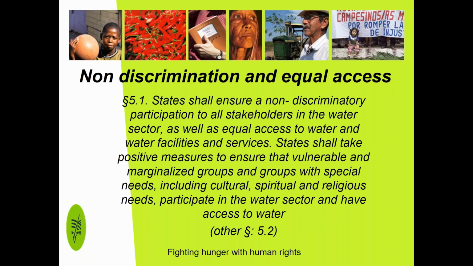For instance, paragraph 5.2 says states shall prohibit any discrimination hindering access to water on the grounds of age, race, ethnic origin, color, sex, gender, sexual orientation, language, religion, political or any other opinion, national and social origin, economic status, birth, health status, or other status.